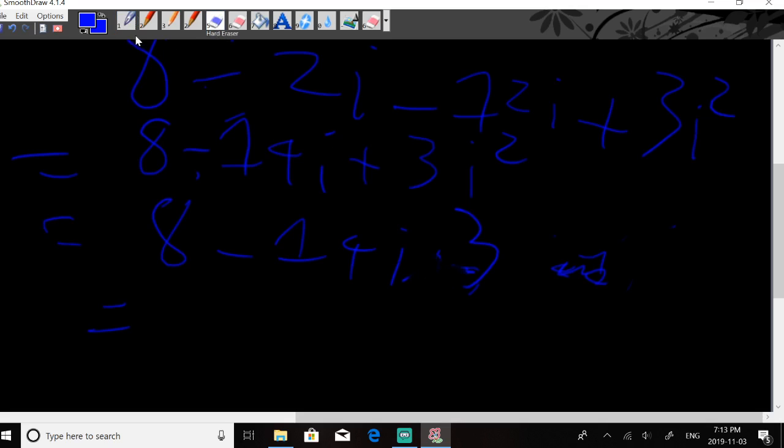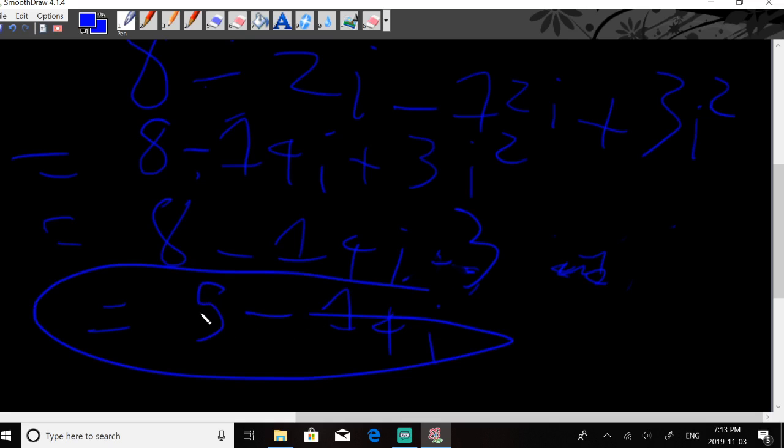This is -3. So this is equal to 5 minus 14i.